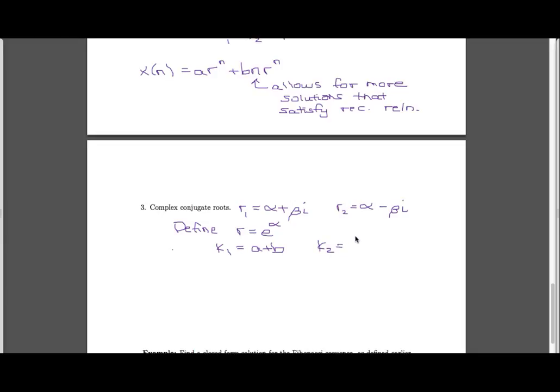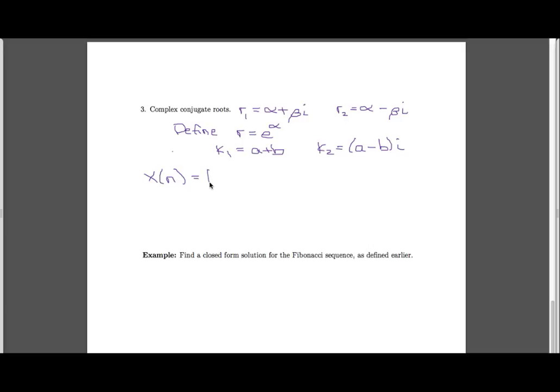K2 is going to be little a minus little b times i. And then your general solution looks like x of n equals k1 r to the n times cosine of beta n, plus k2 r to the n times sine of beta n.